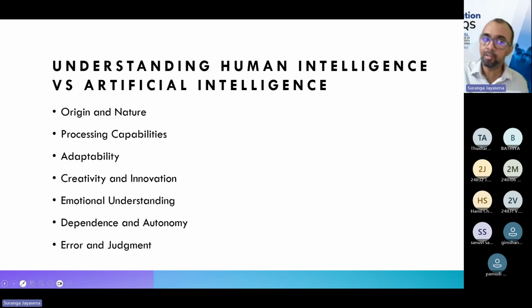And human intelligence, of course, processes information relatively slowly. Relatively slowly, but we can integrate our sensory inputs in addition to the data that we process, right? Our sensory inputs like our vision, feeling, touch, and all these things.